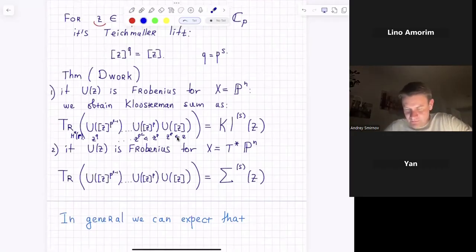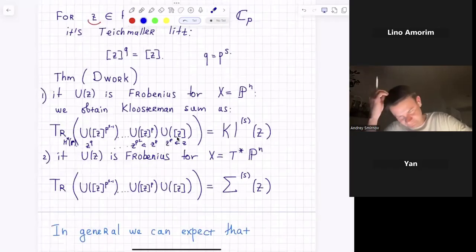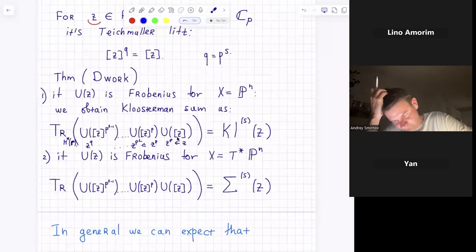And is there a story which is motivic, which includes quantum differential equations, which are different realizations of some motivic story? Well, I thought this is it, right?